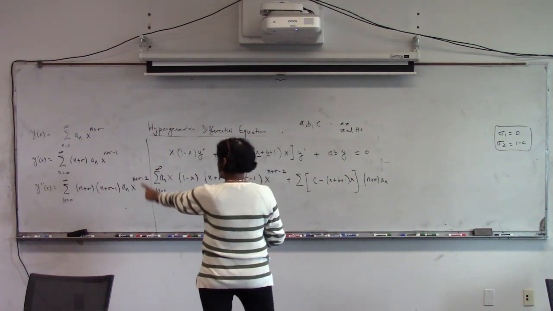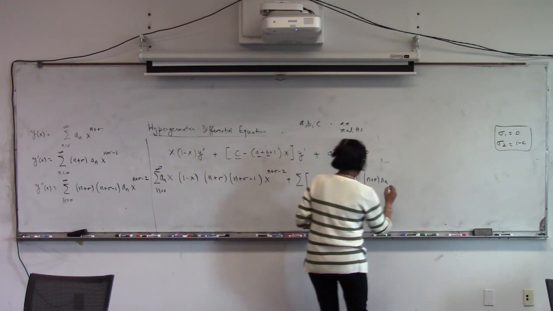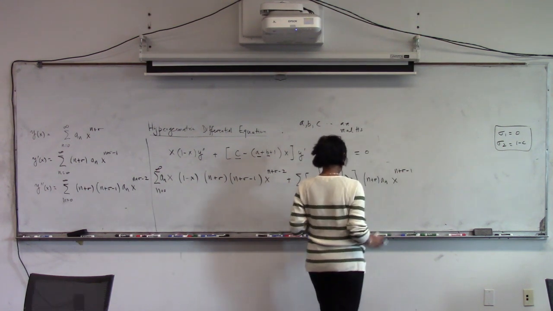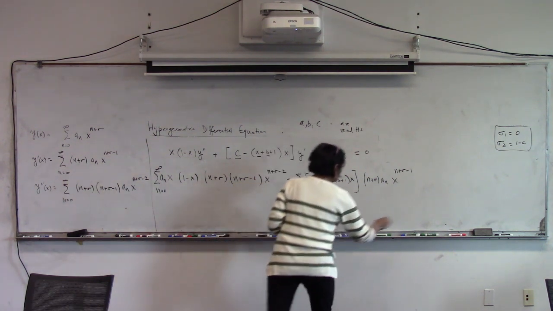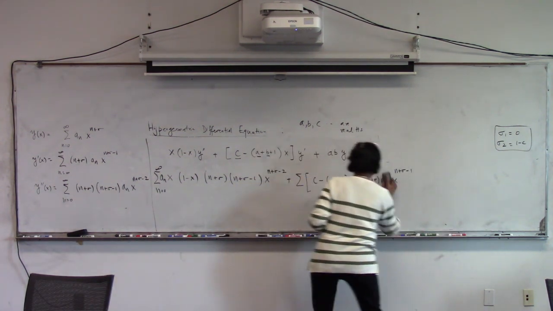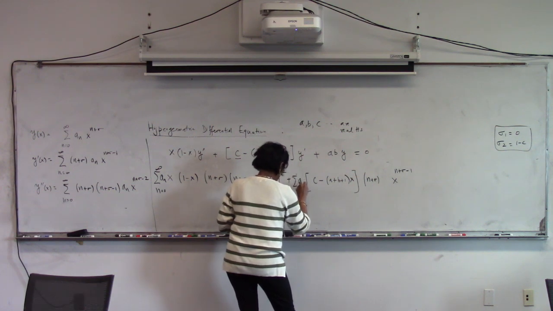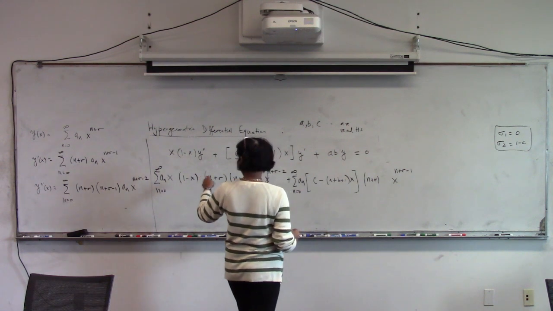Y prime is x to the power of n plus sigma minus 1. I have all that. So let me put the a sub n in the front. Okay, so that's the second term.